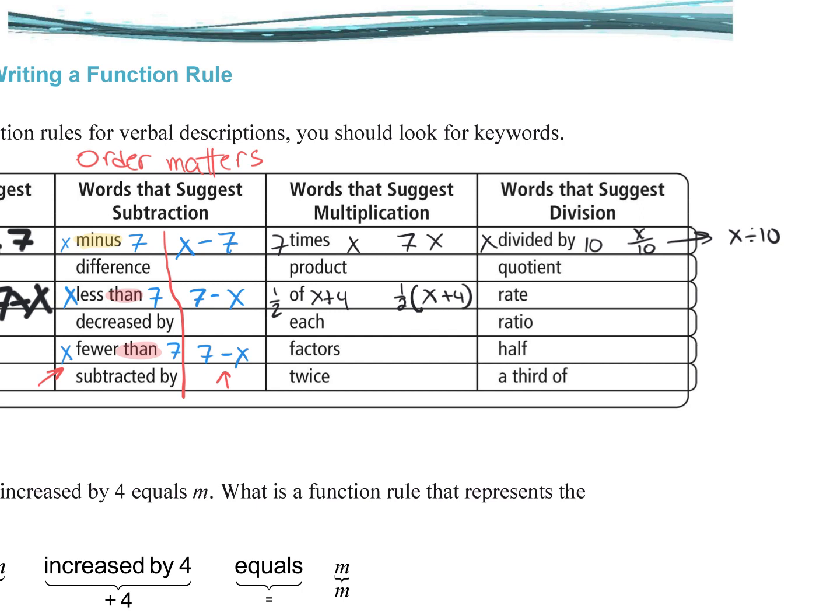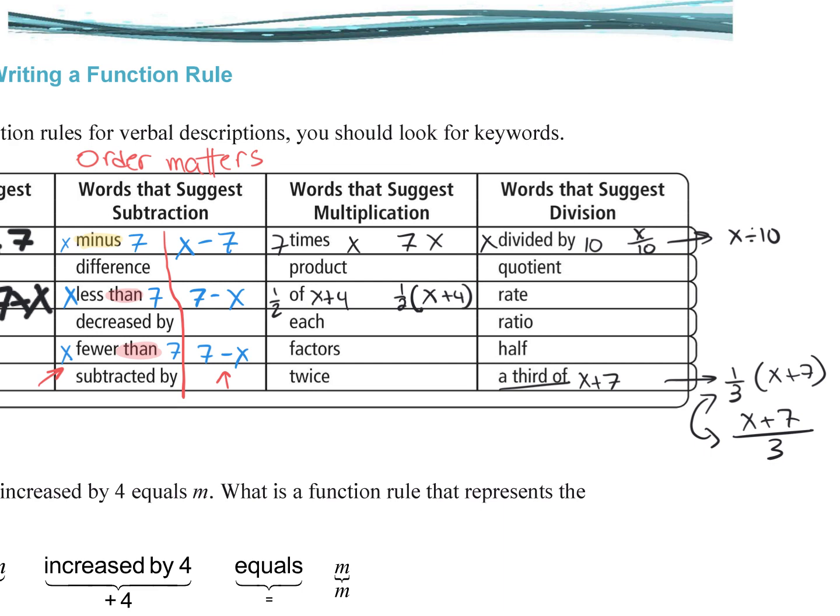Now a third of, let's say, x plus 7. A third of that would be 1/3, right? It's going to be a division since you are dividing by 3. You can write it like that as a multiplication, or you can write it like this as a division. Those two things are the same thing, guys.